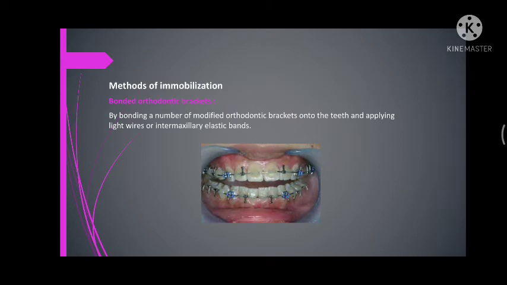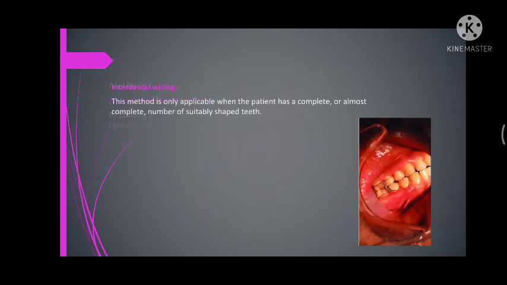The methods of immobilization: bonded orthodontic brackets, by bonding a number of modified orthodontic brackets onto the teeth and applying light wires or intermaxillary elastic bands, as you see in the picture. Interdental wiring.